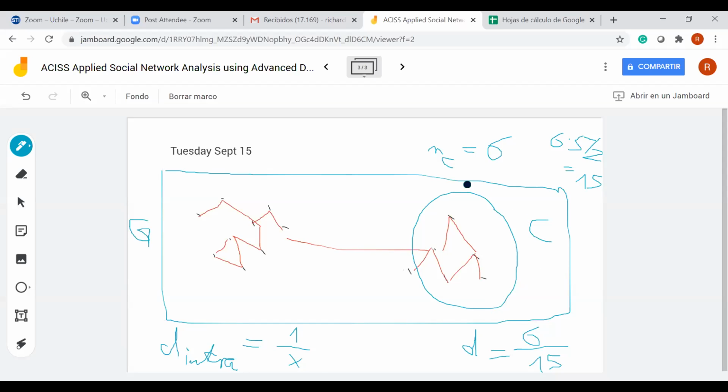In density, we start with the number of edges and we relate it to the number of possible edges. That was 6 divided by 15. You remember? That was density.